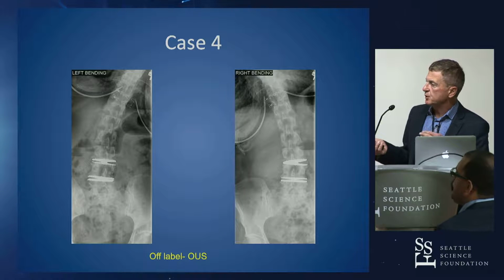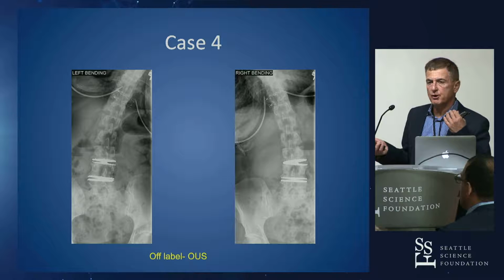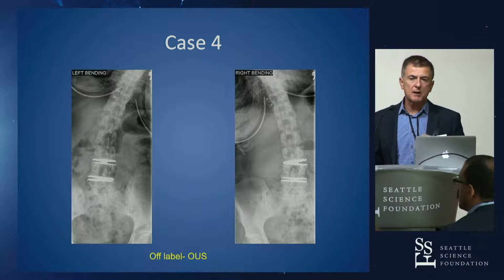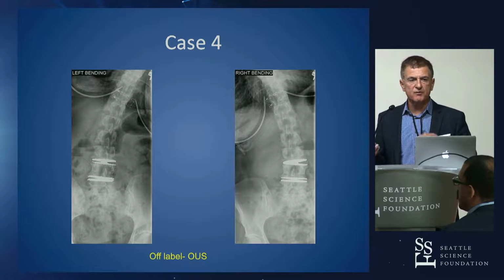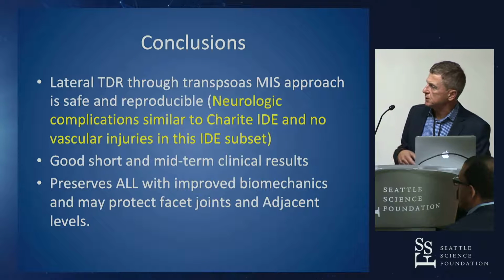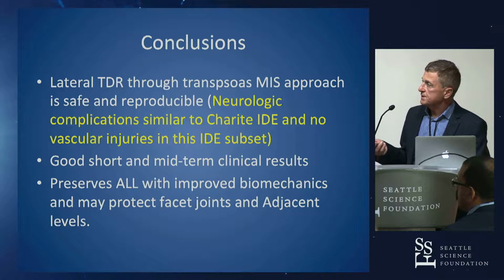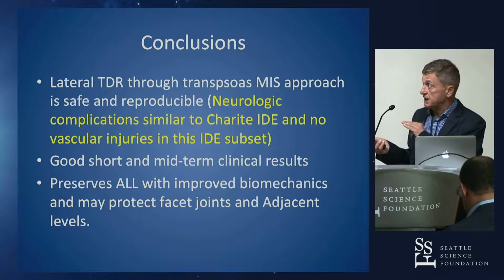As we did the study, we paid special attention, when you go contralaterally and release the annulus, to make sure you do a good job taking out all the bone fragments, ligamentous fragments, and wash it out real good so that you won't get HO. That's what we did in the study. Our conclusion from that study was it's safe and reproducible. Neurologic complications were similar to the Charité IDE study, and there were no vascular injuries in this IDE subset.